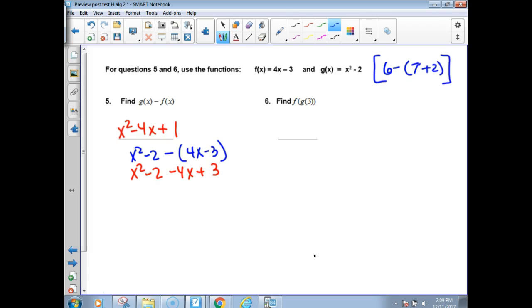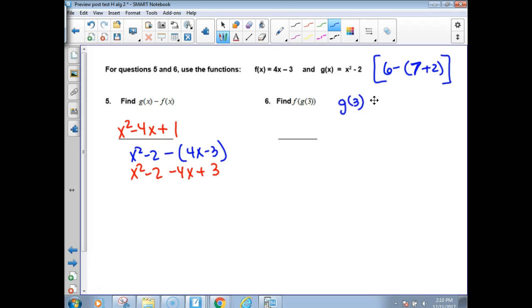What would you need to do first to simplify this? Yeah, you always do the innermost parentheses, right? Now, there's nothing to do inside the parentheses where the 3 is. But inside this parentheses, you're supposed to do the g of 3.